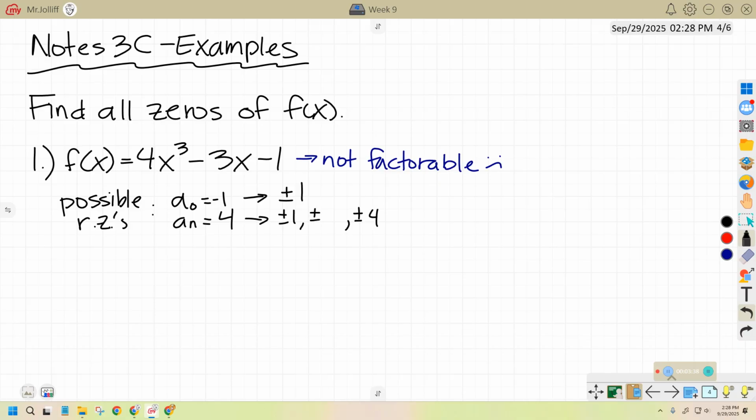So plus or minus 2. A0 on top, an on bottom. I get plus or minus 1 over 1 is just 1. Plus or minus 1 over 2, so plus or minus 1/2. And then plus or minus 1 over 4, so plus or minus 1/4.